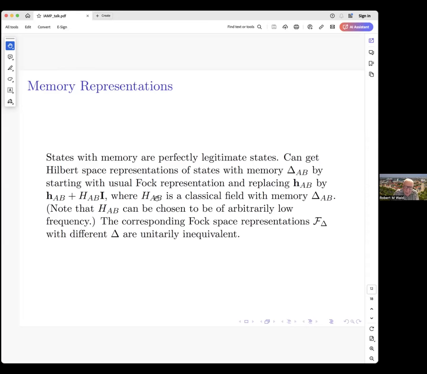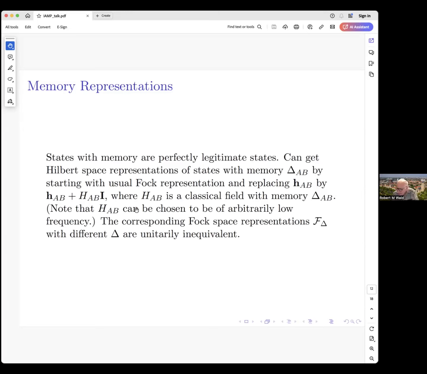That will give you another representation of the quantum field algebra. Now, if you did this with a solution that corresponded to a state with finite Klein-Gordon norm, this would give you an equivalent representation. You would just be relabeling what was the vacuum state as now a coherent state associated with this classical solution, and you'd be correspondingly relabeling all the other states, but you wouldn't be changing the theory.